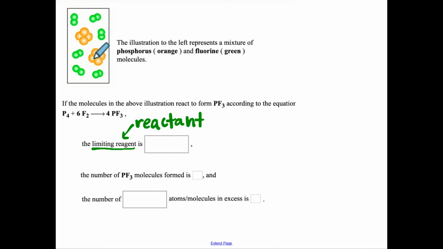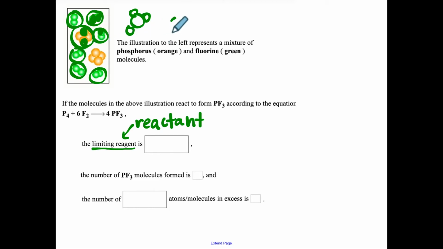So we have one P4 molecule that reacts with 6 F2 molecules. And what's going to happen is there's going to be a PF3 that takes one of these and 3 of those. Another PF3 takes this one and 3 of these.